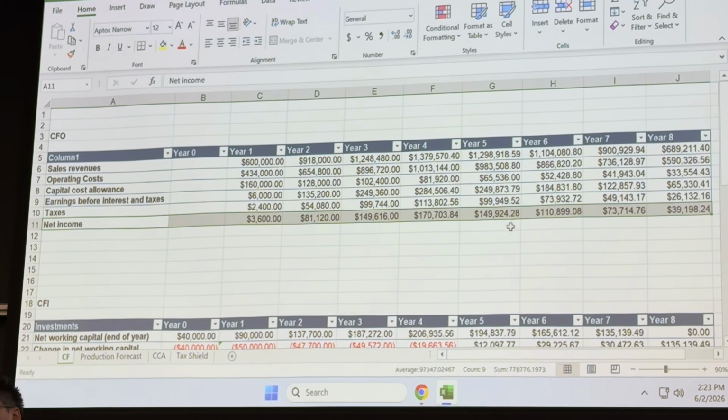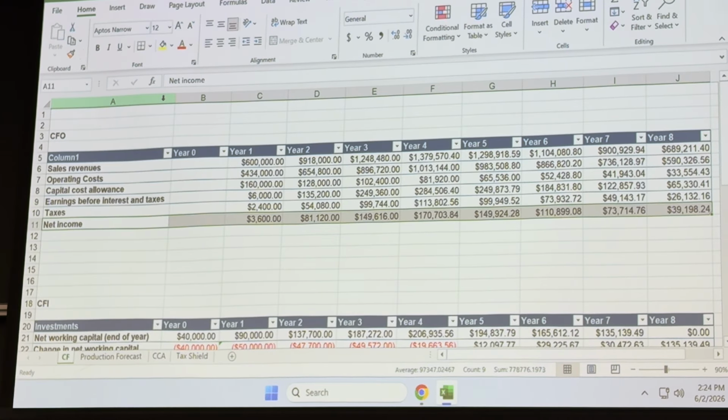But it's not really net income we care about. It's the cash, because net income includes depreciation. So there are 2 ways to do this. OCF equals net income plus depreciation, because we want to add back that non-cash expense.